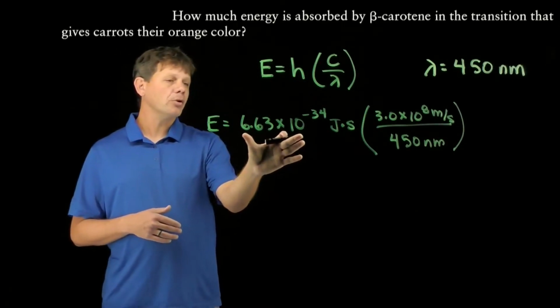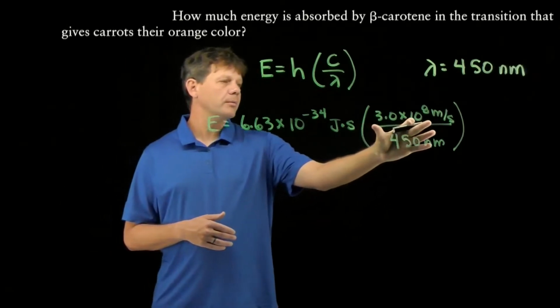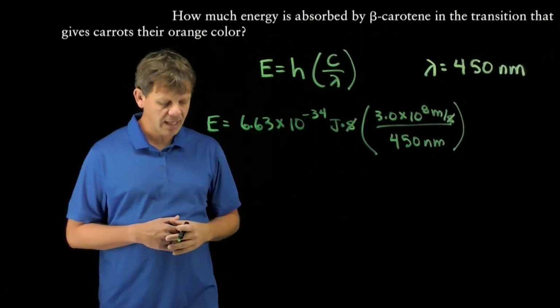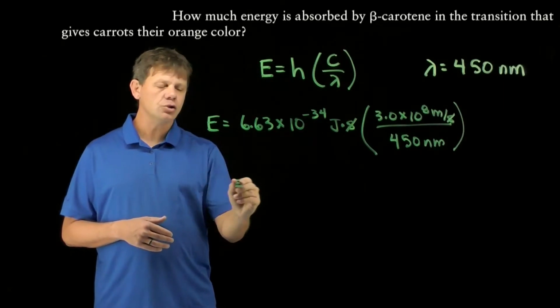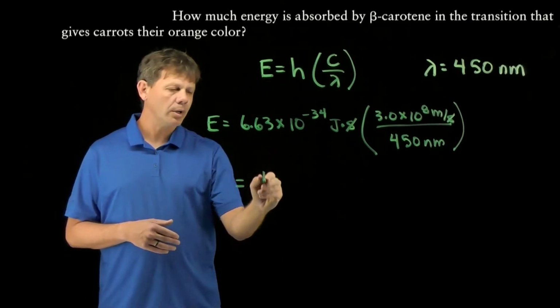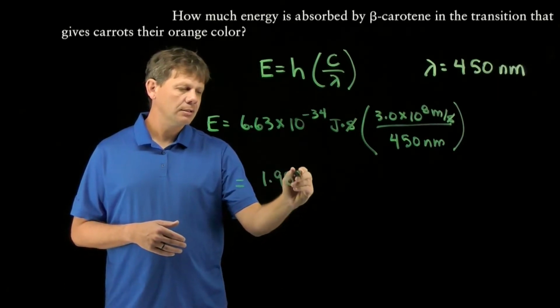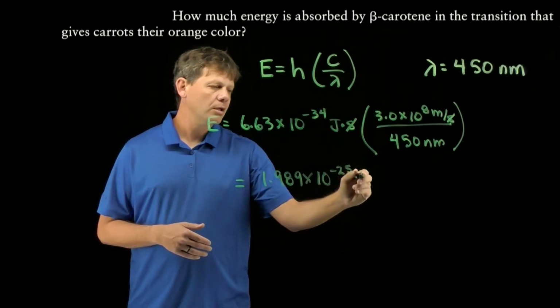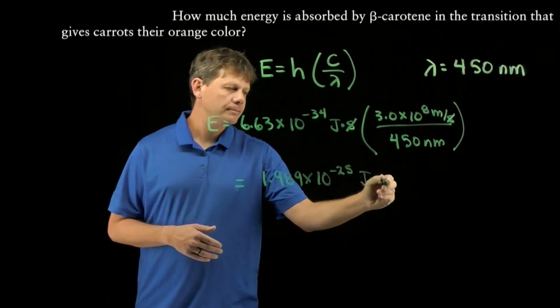We can start by multiplying Planck's constant times the speed of light. You notice that seconds will cancel, so we should end up with units in joule meters. So 1.989 times 10 to the minus 25th joule meters.